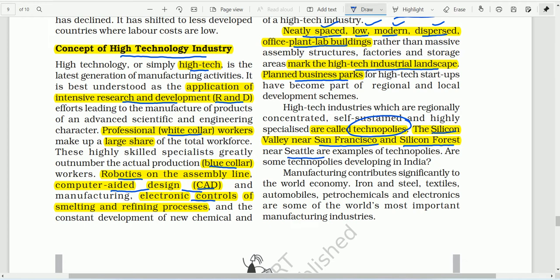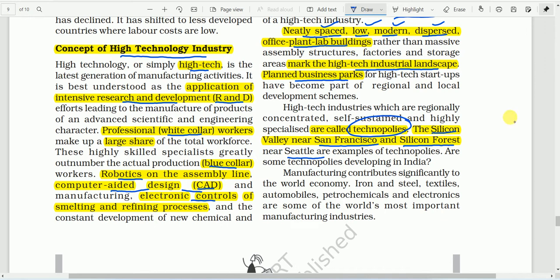Can you give me some examples of technopolis developing in India? Anybody who can tell me? Can you tell me any technopolis developed in India?